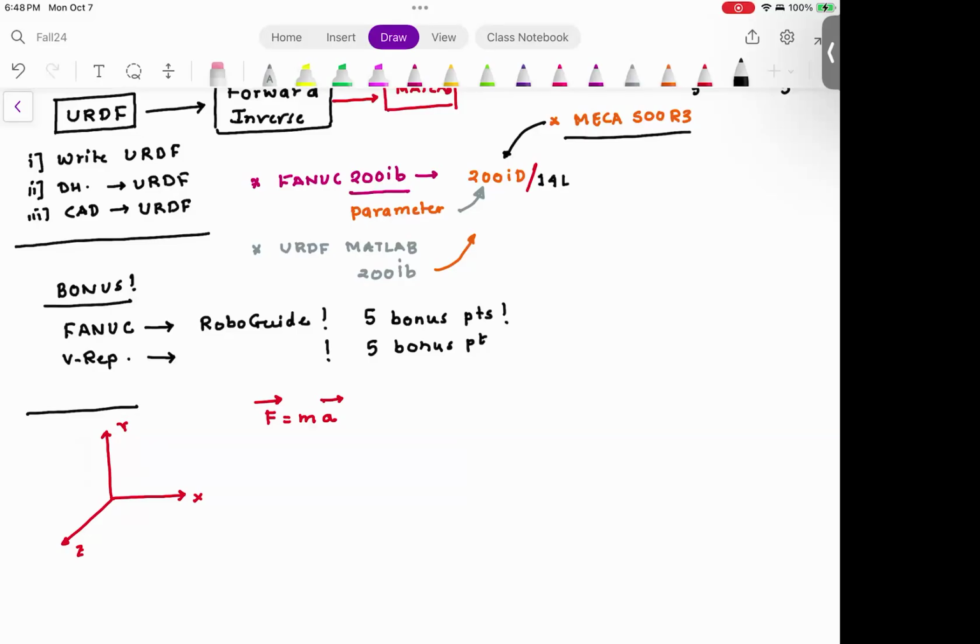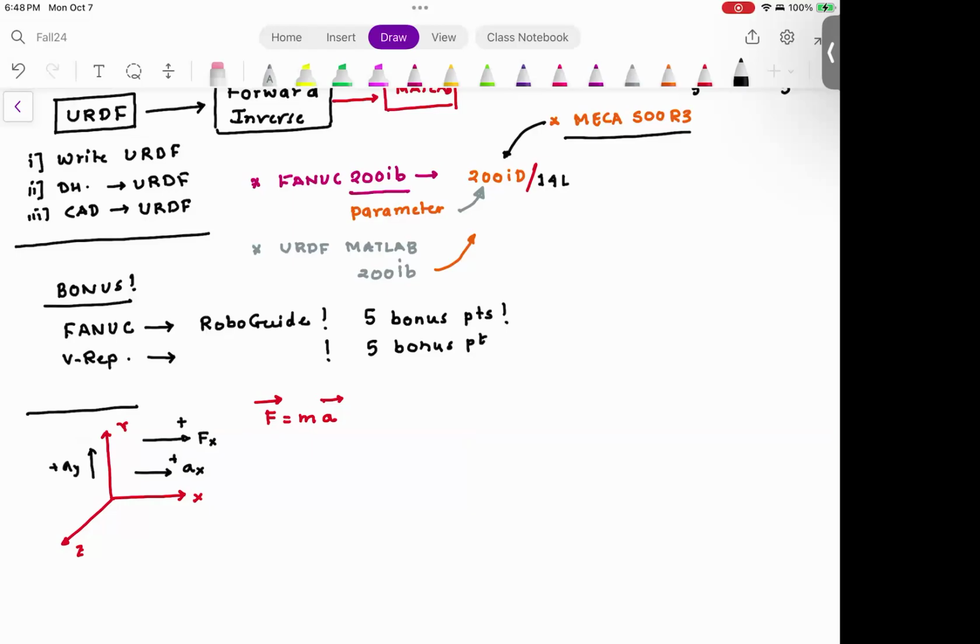Acceleration has magnitude and direction, which means if your acceleration is in the same direction as the positive x-axis, that acceleration is positive. If your force is in the same direction as the positive x-axis, that force is positive. If your acceleration is in the same direction as positive y, that is positive, and so on.